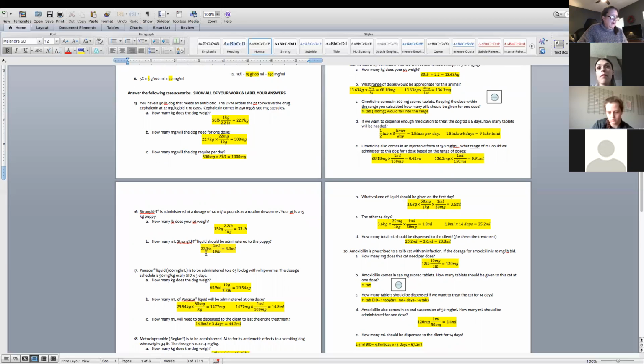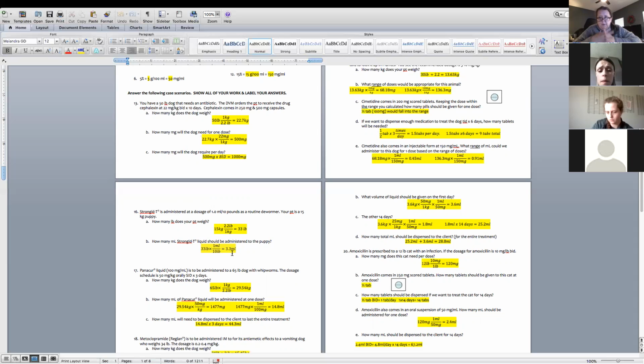And then I need to find out how many 10 pounds are in 33 pounds, because it's 1 mil per 10 pounds. If you divide 33 by 10, there's 3.3 10-pound units in 33 pounds. Does that make sense? Say that one more time.